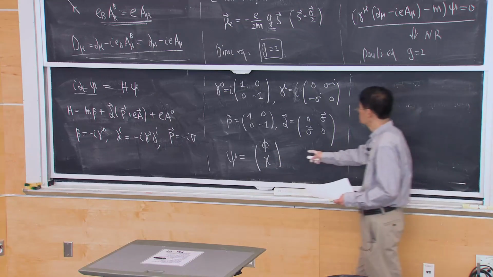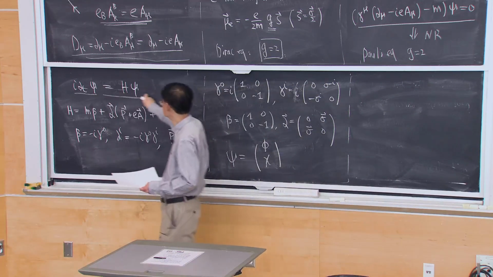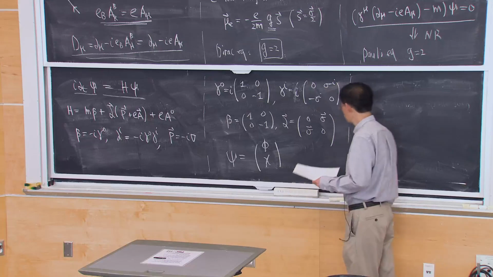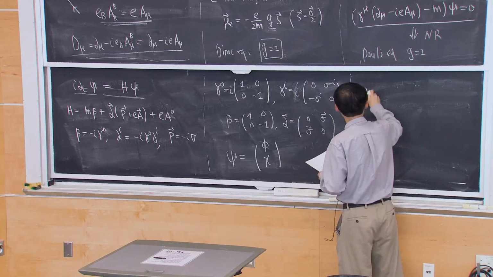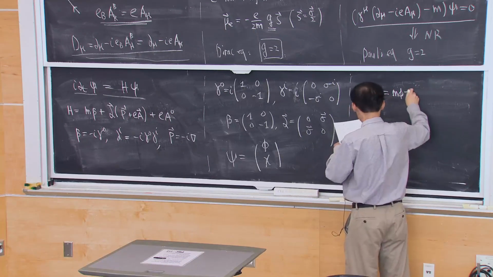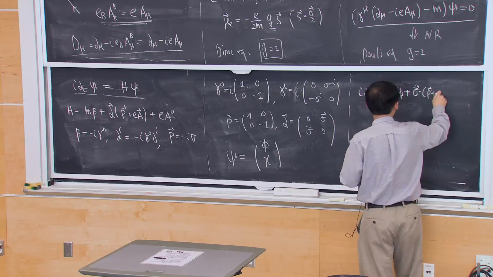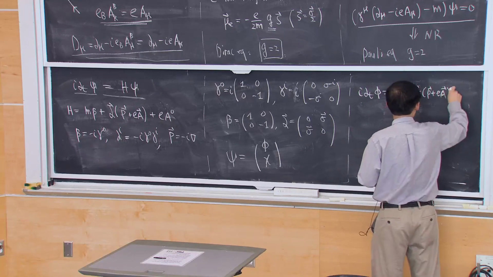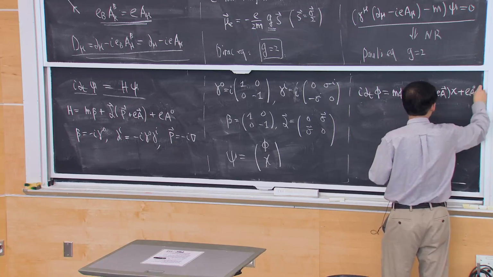Now let's plug all this into that equation, and we get i partial t phi equal to m phi plus sigma dot (p plus eA) chi, then plus eA0 phi.